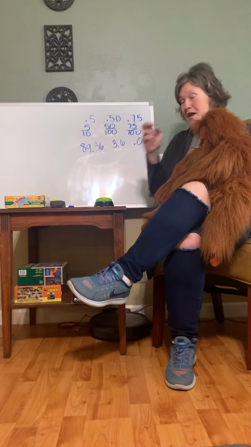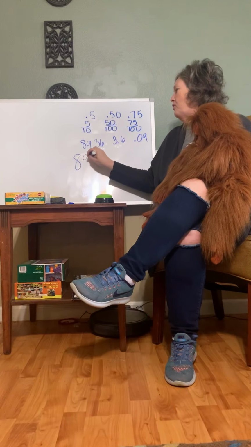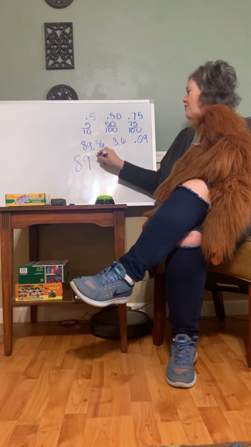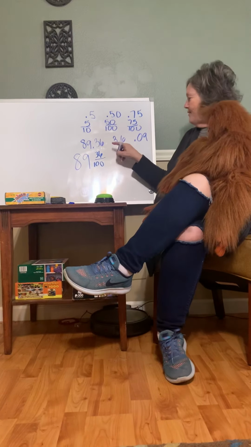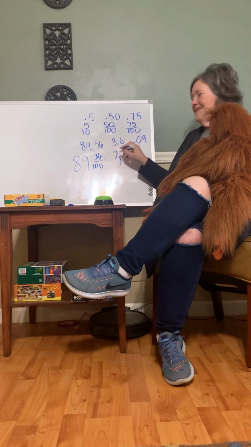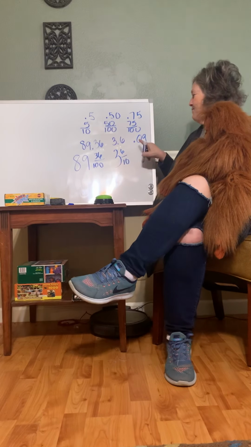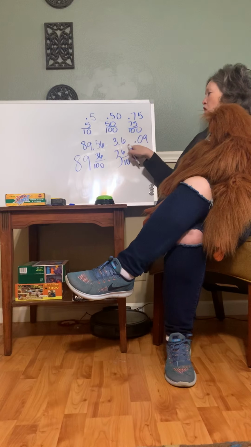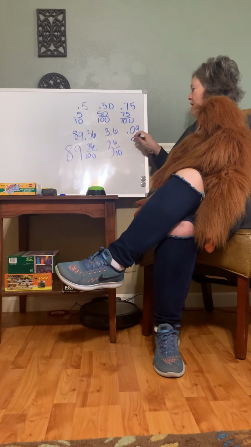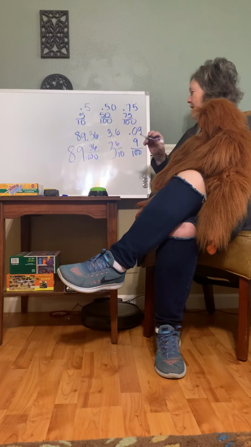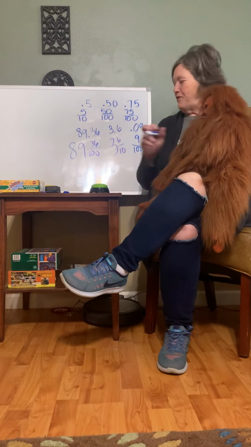We're going to write a mixed number: 89 wholes and 36 hundredths, 3 wholes and 6 tenths. Now we've got 0 wholes and 9 hundredths. Okay, that was probably pretty easy for you guys.